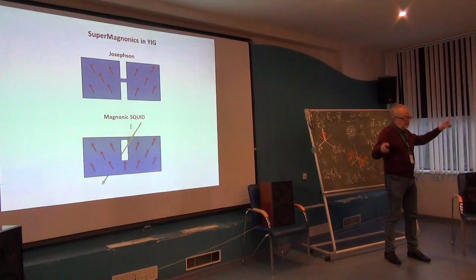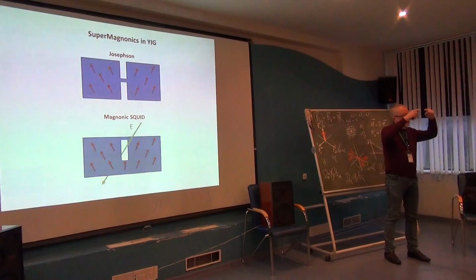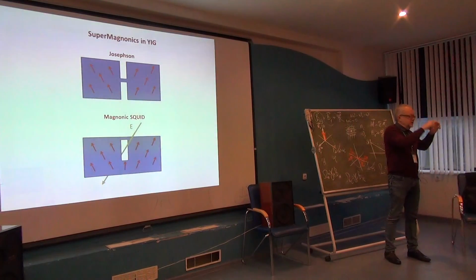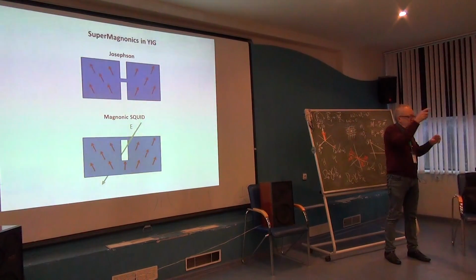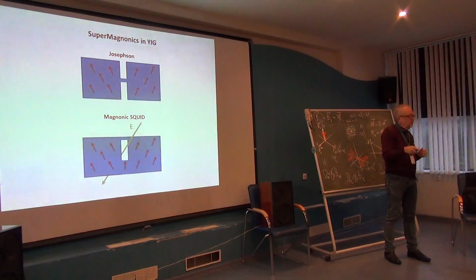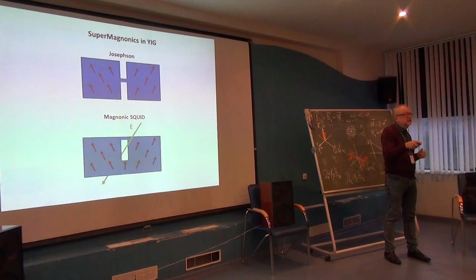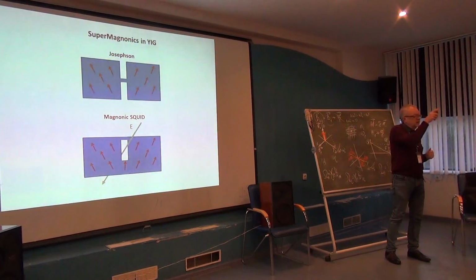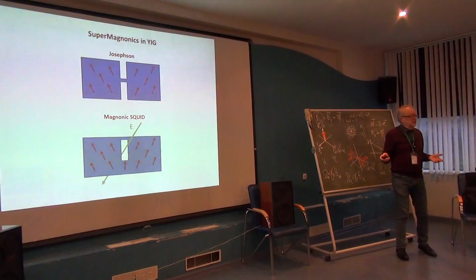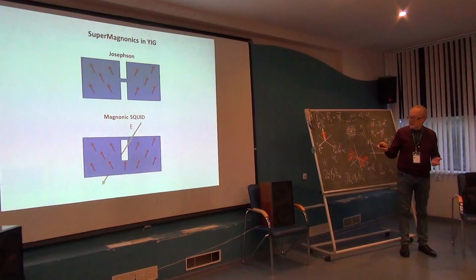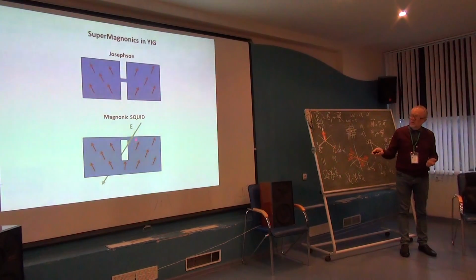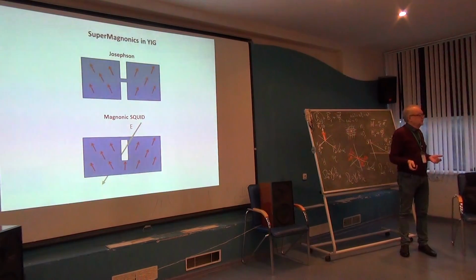You have a loop of superconductor with one Josephson junction, and as a result, the supercurrent circulation changes with the magnetic field coming through, and we can measure the magnetic field. Here is the full analogy. We can make a circulation of magnons, which will measure the flow through the hole, one-to-one.